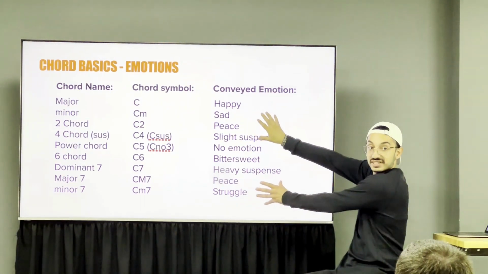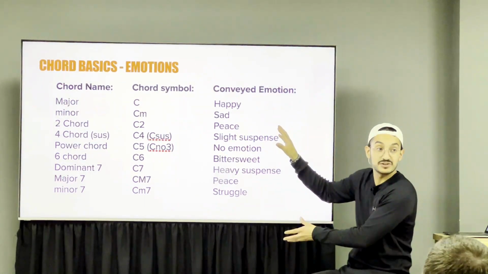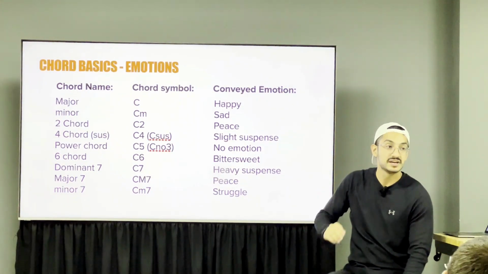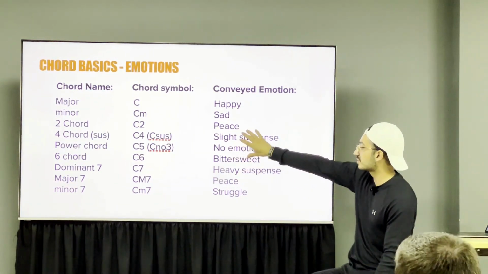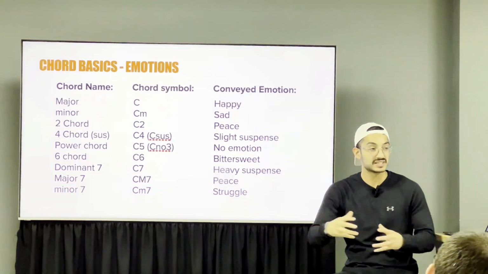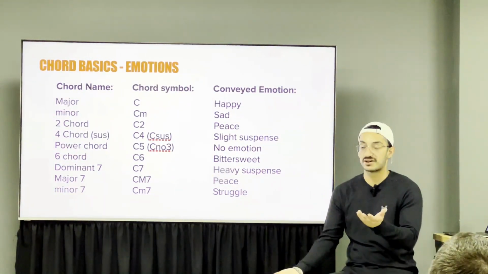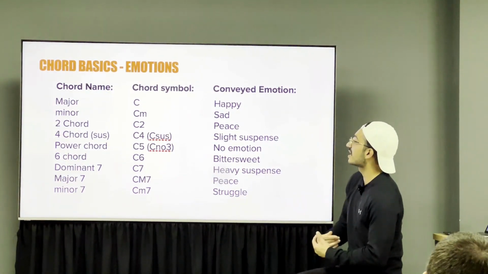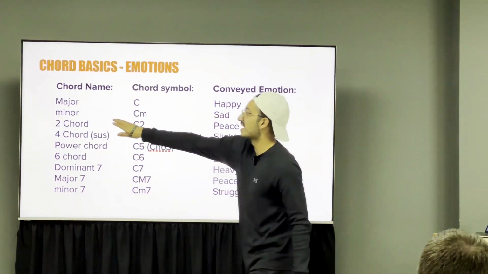And I came up with these. The chords might make you feel differently, but you should explore how you feel. Because if your song has emotions in the lyrics, you're going to want to complement that with the chords that you're playing, okay? So I have major, minor, super easy.